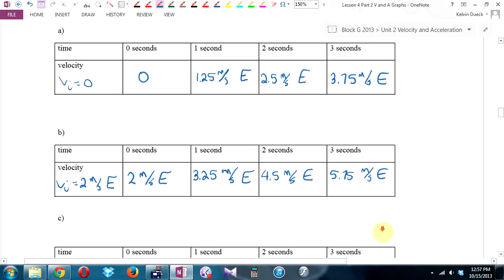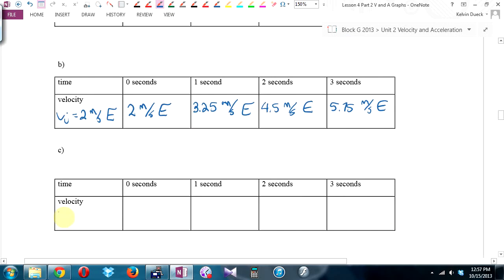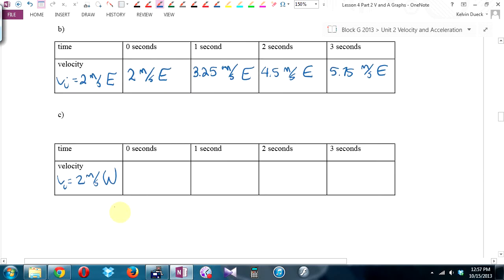C. This time we're going to start with an initial velocity of 2 meters per second west. What would be a good way to express west mathematically? I think we can say negative 2 meters per second, which is 2 meters per second west.